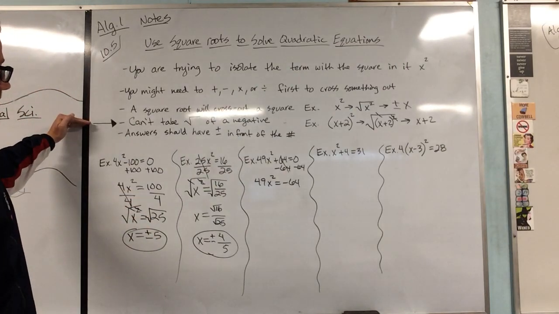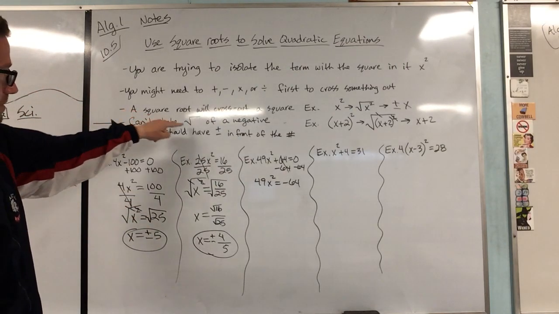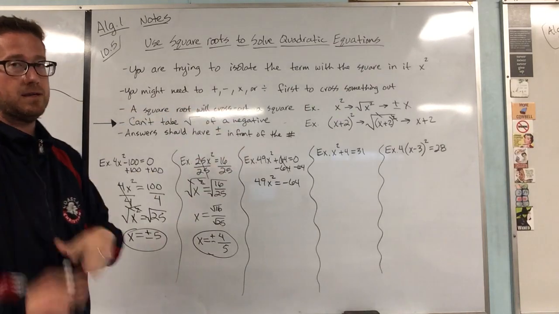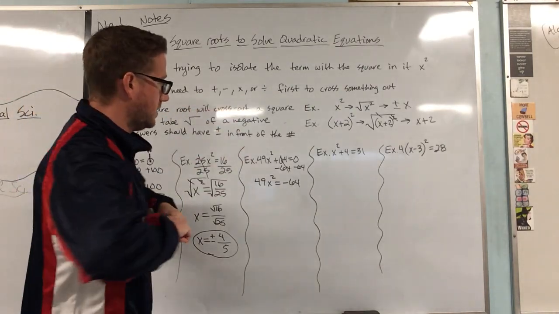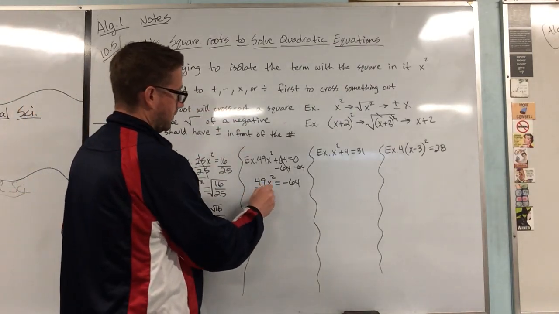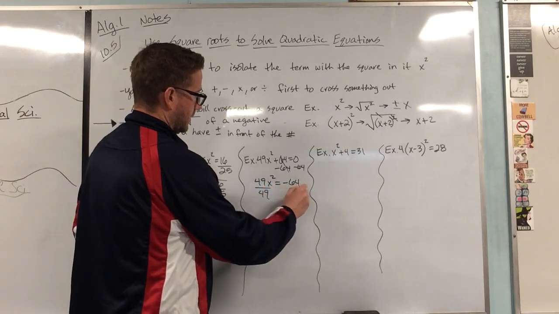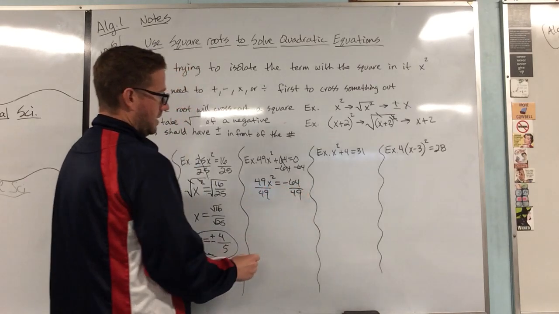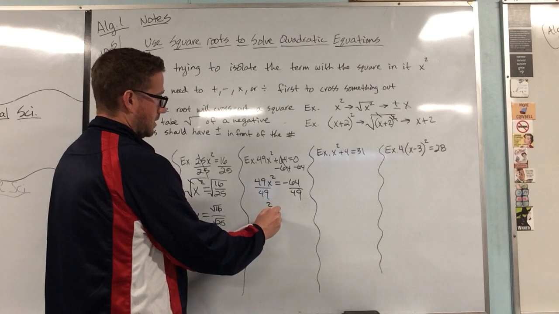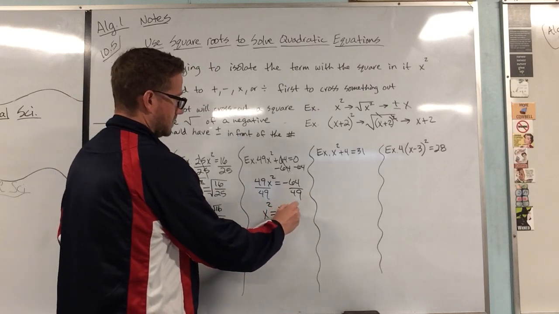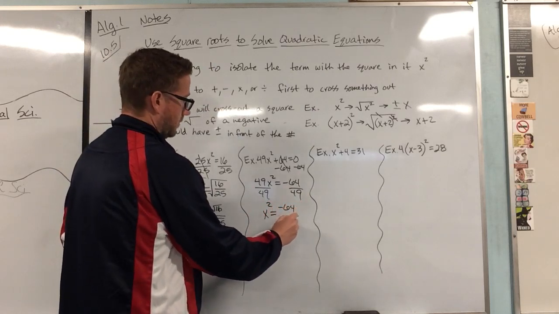Look at the main arrow. Can't take square root of a negative. This is going to work out to be that problem. Divide 49. Keep showing your steps. X squared equals a negative 64 over 49.